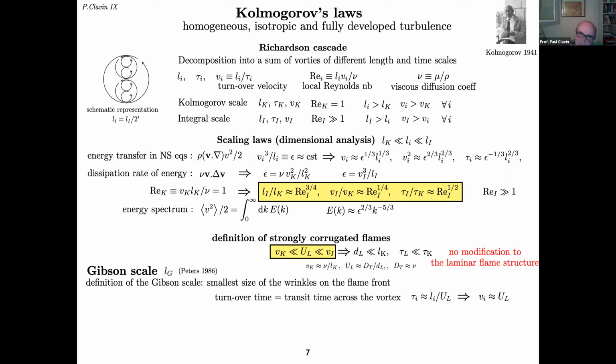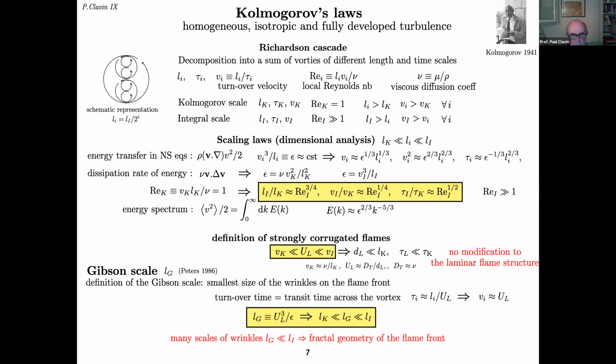And now if this is equal to the turnover time, you see the wrinkle is small. So this defines the Gibson scale, and using the Kolmogorov cascade, you obtain that the Gibson scale is simply the cube of the laminar flame speed divided by the dissipation rate epsilon.